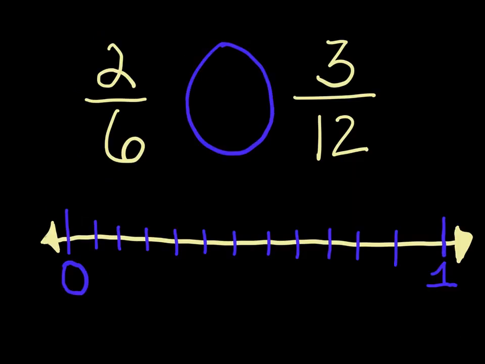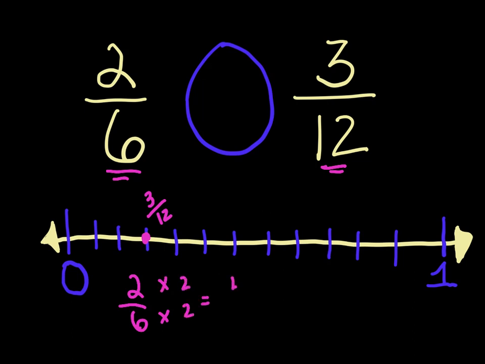Okay, next one. 2/6 is greater than, less than, or equal to 3/12. Well, here's our number line, and it's cut up into 12ths, and I'm going to put 3/12 right here. I'm noticing my denominators have something in common, and I want to take the 6 and make it into 12ths. So take 2/6, and what do I have to do to the top and the bottom? I have to multiply by 2.